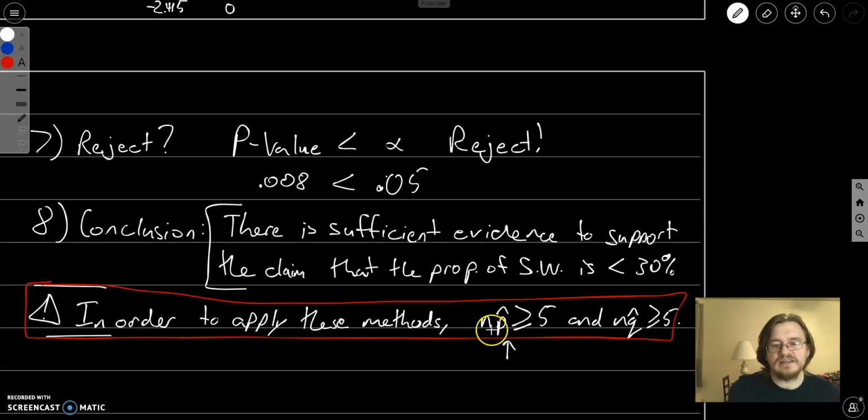N times p hat is the number of things in the sample times the proportion of successes in the sample. This is just how many successes are in the sample. So there has to be at least 5 successes and at least 5 failures, as in at least 5 people needed to say that they were sleepwalkers, and at least 5 people needed to say that they were not sleepwalkers.